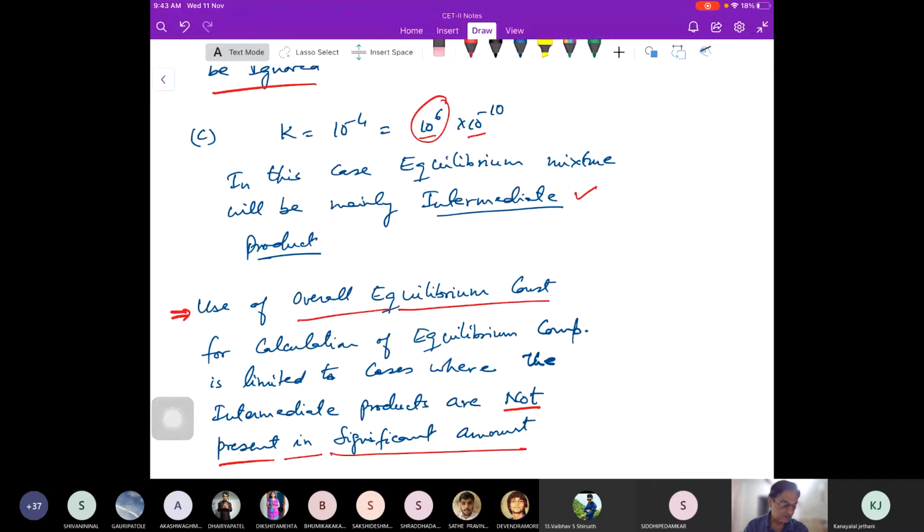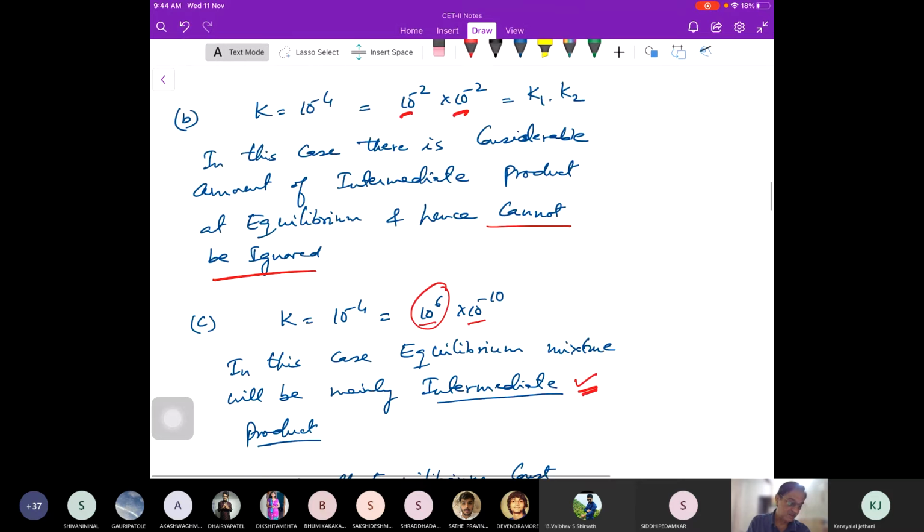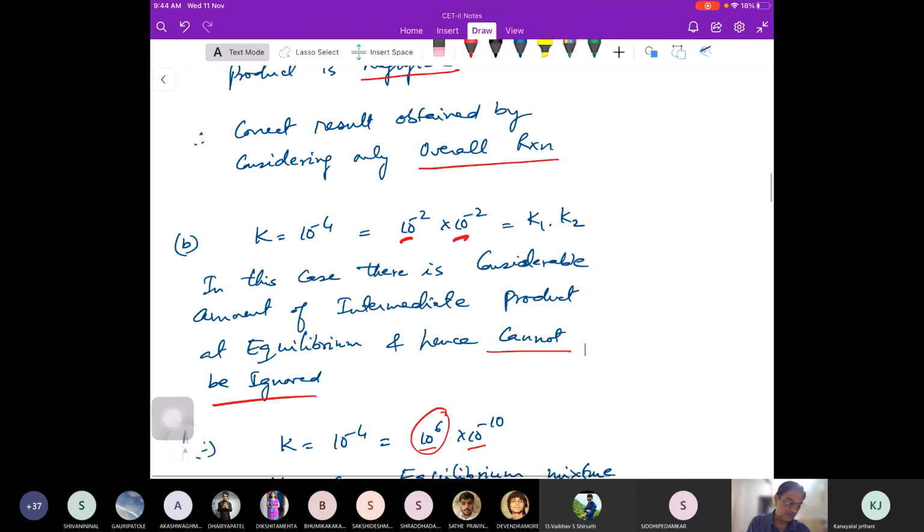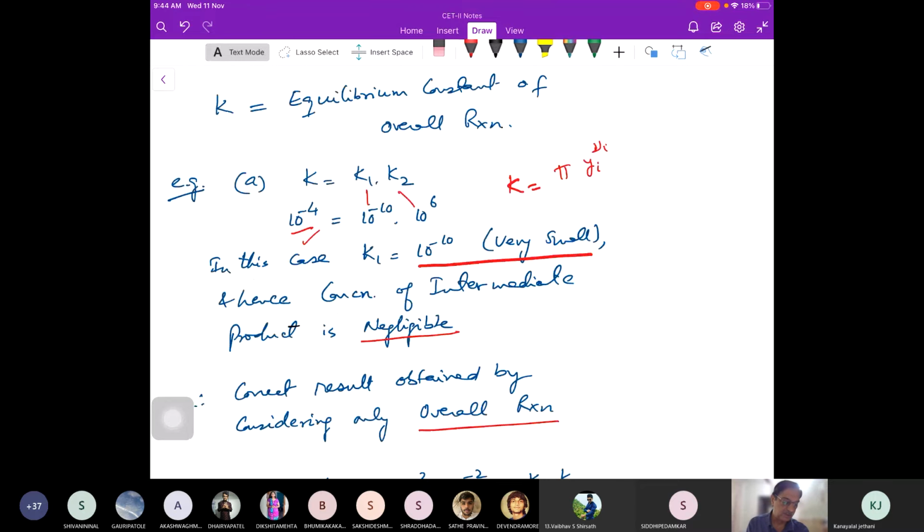So the use of overall equilibrium constant for calculating equilibrium composition is limited to cases where the intermediate products are not present in significant amount. यहाँ significant था तो यहाँ पर ignore नहीं कर सकते हम. We cannot ignore it in this case because it is significant. Only where the intermediate is small or limited quantity can we ignore it. समझ में आ रहा है आप लोगों को?